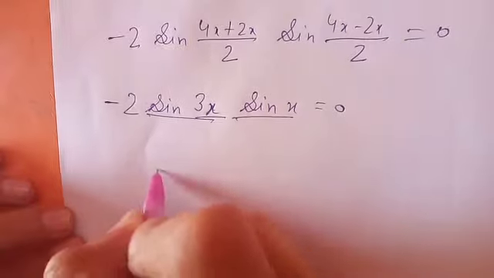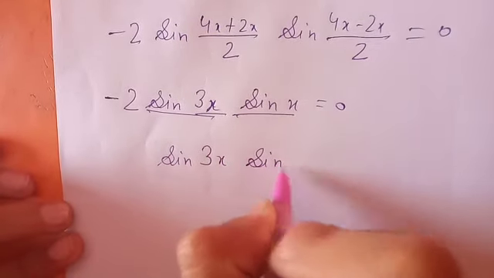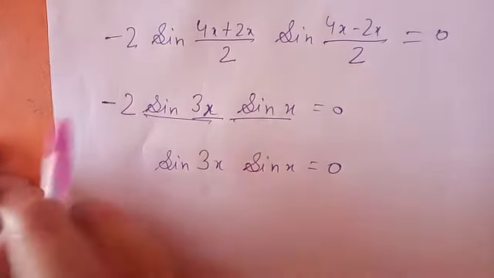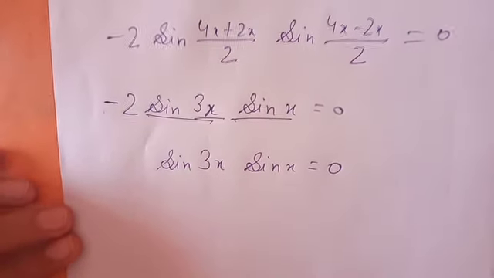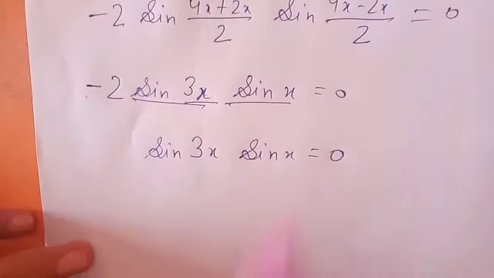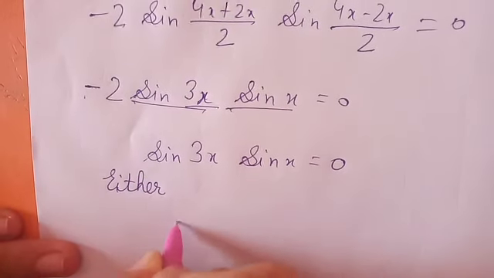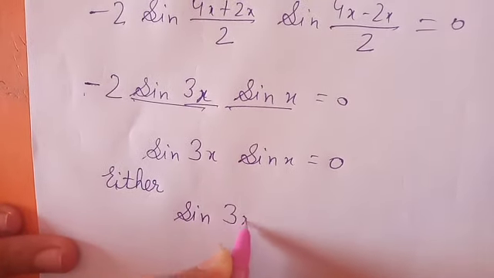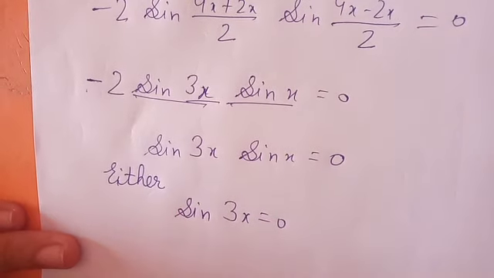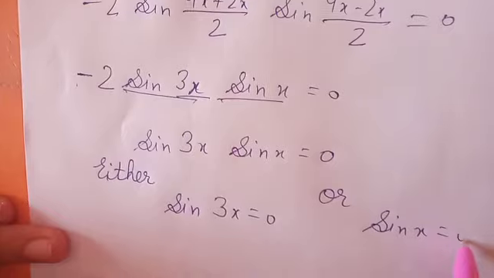Now we can write this as sine 3x into sine x equal to 0. We can take minus 2 this side, it will have no change in our equation. So now either sine 3x will be equal to 0 to make this whole equation 0, or sine x will be equal to 0.